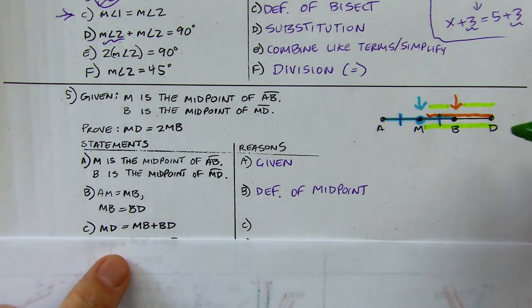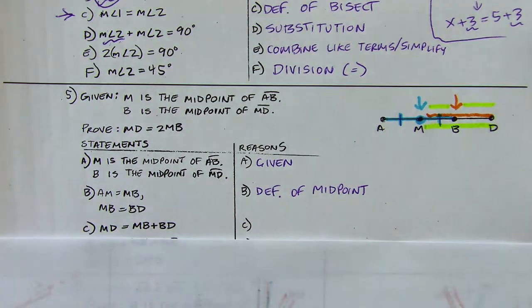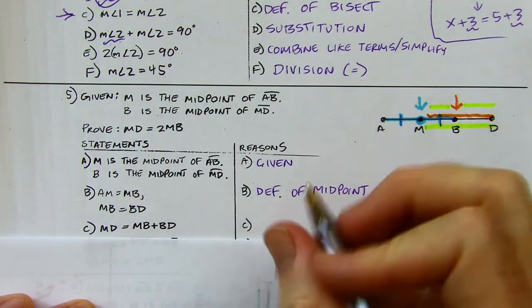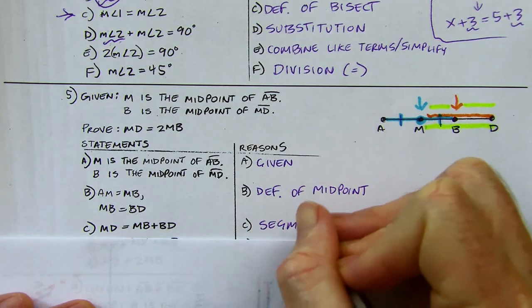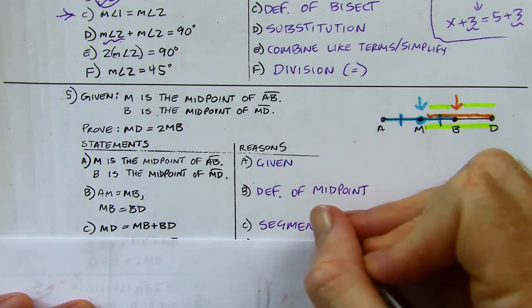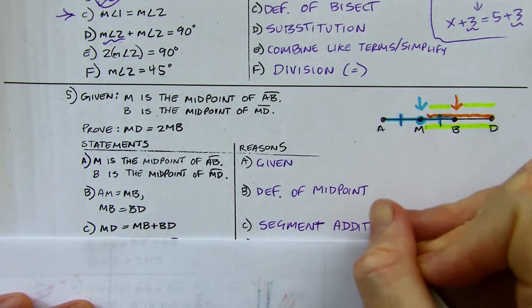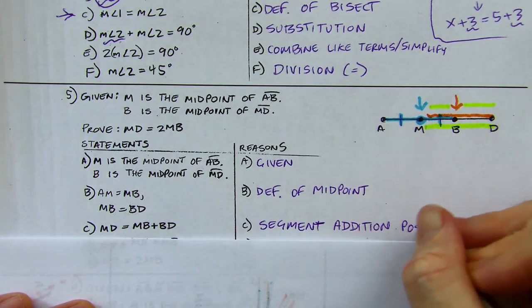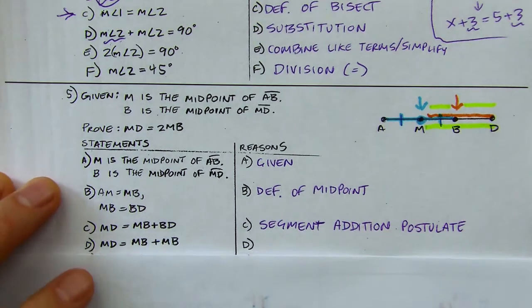Okay, got 2 adjacent segments, 2 segments that are joined together to add up to get a larger segment. Adding segments, this is the segment addition postulate. They have to be adjacent segments that are joined together.